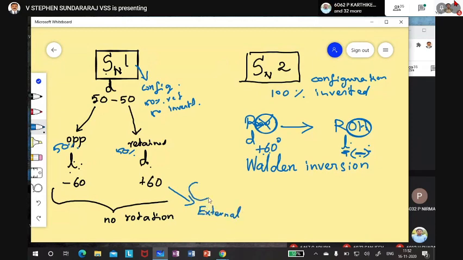External means one D-configuration molecule is rotating and an L-configuration molecule is rotating, cancelling each other outside, not within the molecule. This is called external compensation, and this point will be helpful.